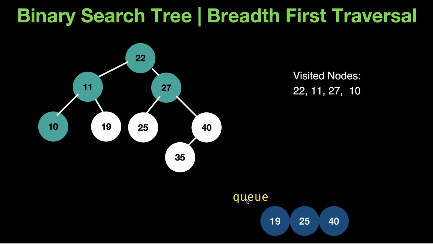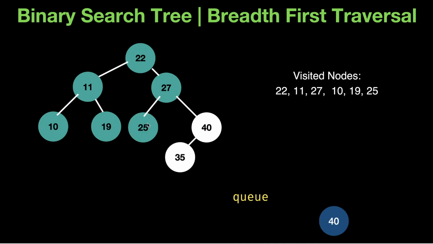And then we dequeue 19, visit it, it doesn't have any child, so nothing needs to be inserted into the queue. Now again take out 25, visit it, there is no child of this 25, so we do not need to insert anything here.